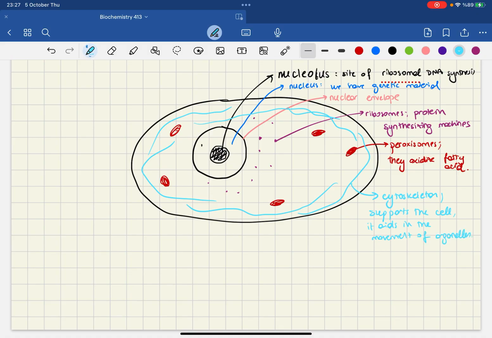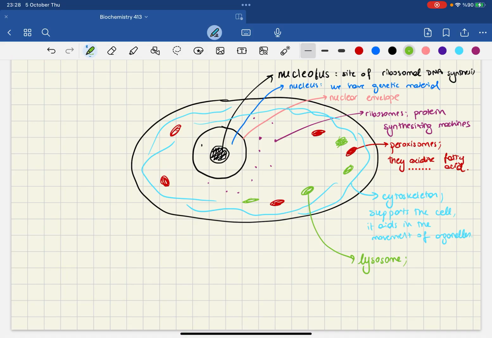All right. Now let us see another organelle. This one has a similar shape, and this is the lysosome. What does the lysosome do? It degrades intracellular debris. So why is degrading important?